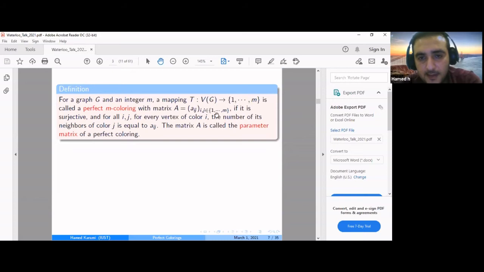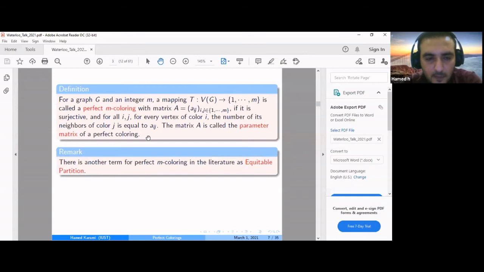The matrix A is called the parameter matrix of our perfect coloring. There is another term for perfect m-coloring in the literature: equitable partition.